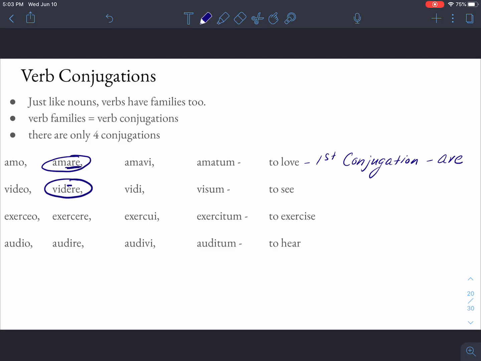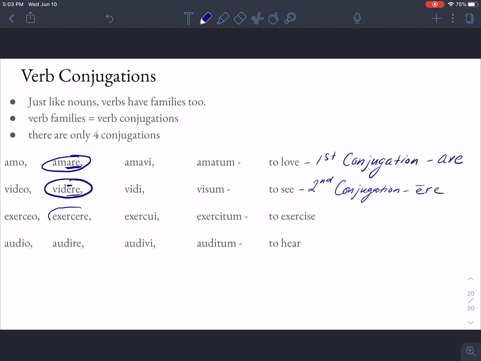If I were to say videre, it wouldn't have a long mark, but we say vidēre. That will come with time and ease when you start reading Latin out loud a little bit more. But if it's got a long ērē, that's second conjugation.